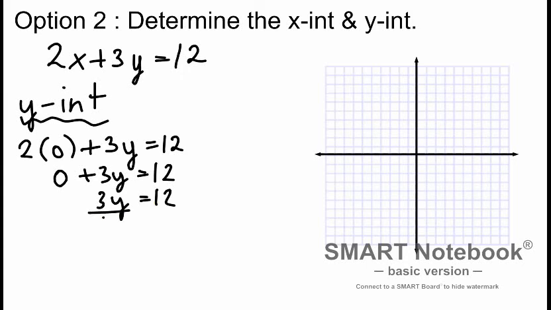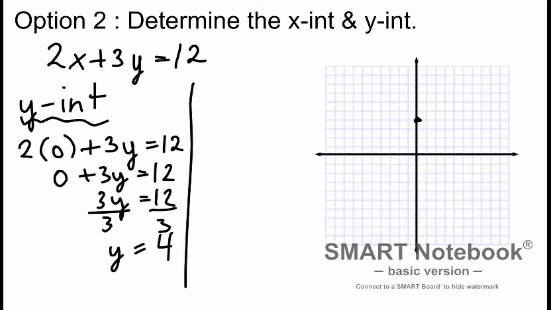And there's really only one step we have to do in solving this equation. We get y equals 4. y equals 4 means that the y-intercept for this line is 4. I can place a dot right there. The y-intercept is 4. Half of my work is done.